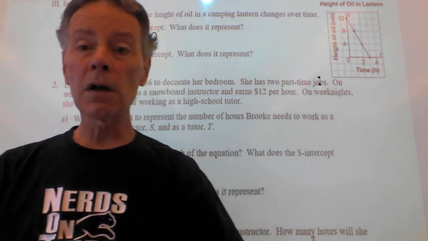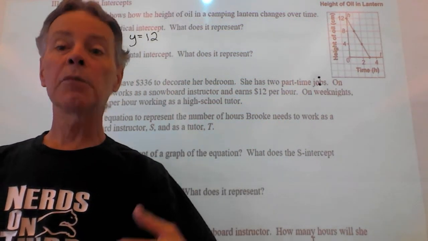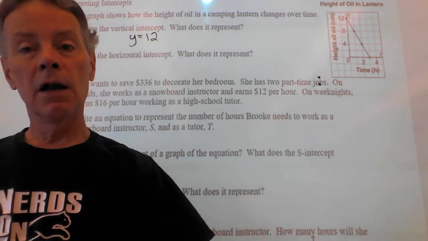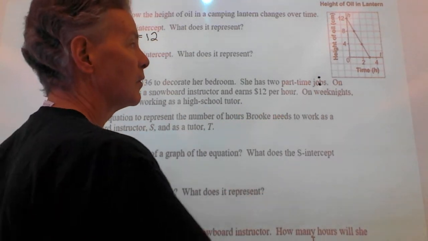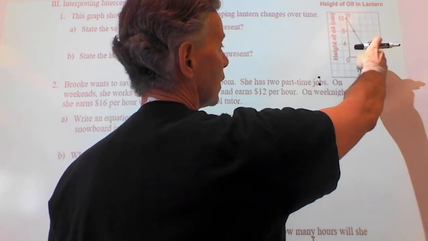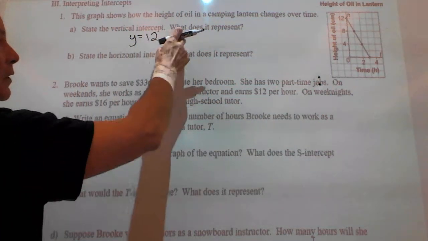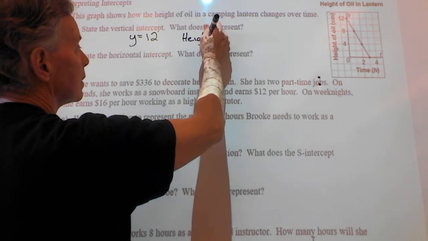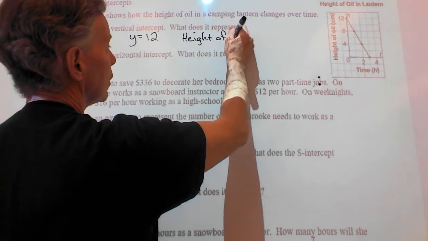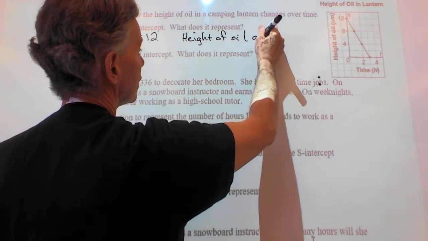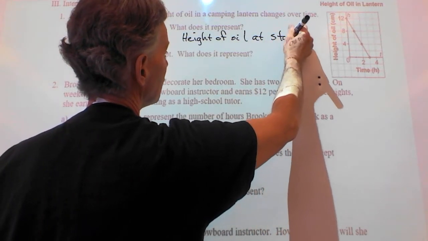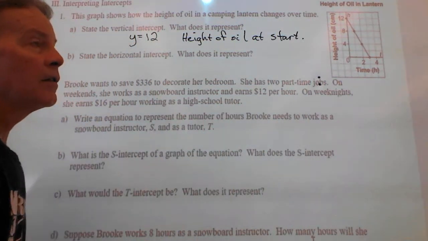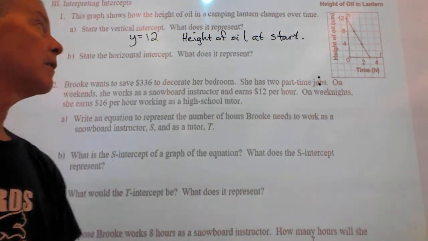So what's going on? We got our lantern fired up, it's burning fuel, and as a consequence, you have less and less fuel in the lantern. So what does it represent? Height of oil at the start. Right before you light the lantern, it's got 12 centimeters of oil in it.